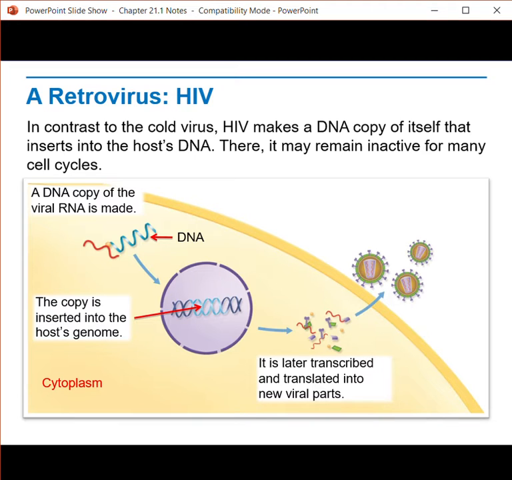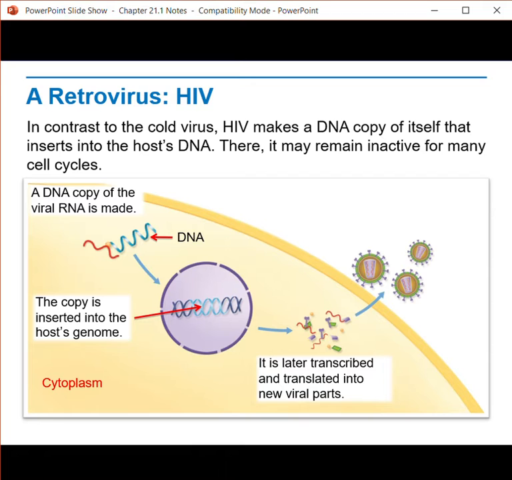So let's look at that in the photo. So now we're at step 3. It is later transcribed and translated into new viral parts. Once activated, the viruses leave the cell and begin to destroy the very system of the body that would normally fight infections. So let's see on here. These are the parts.